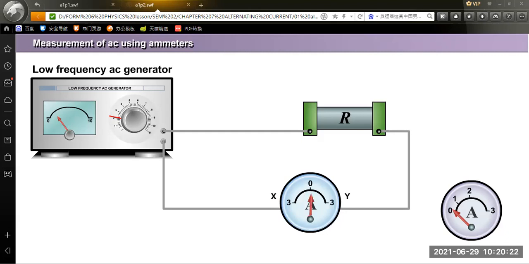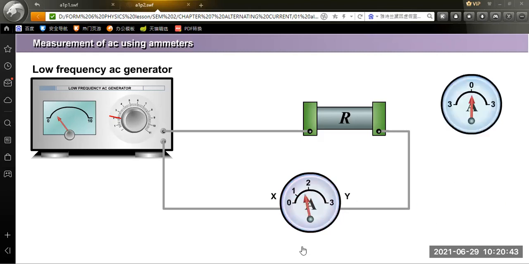Let's look at when we use the center zero ammeter. We notice that the direction will change: the pointer moves to the right, then to the left, then back to the right again, a left-right motion. What happens if I replace it with a non-center zero meter?